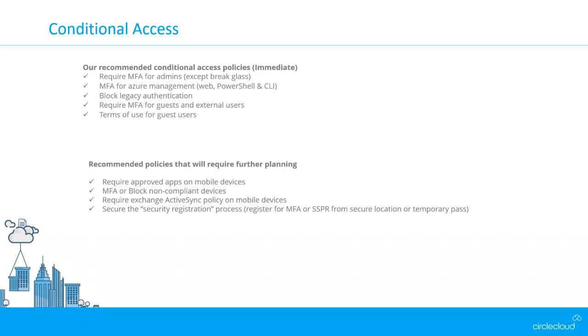And the other statistic, also from Microsoft, I think is that tenants that block legacy authentication via conditional access have a 67% less chance of being breached. So those are huge numbers for a fairly small change.